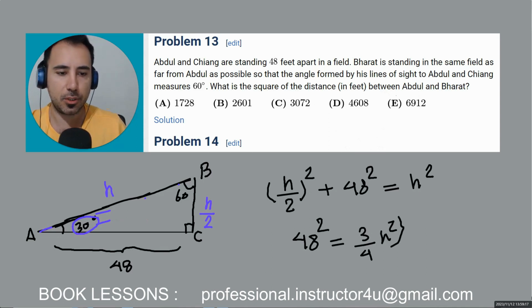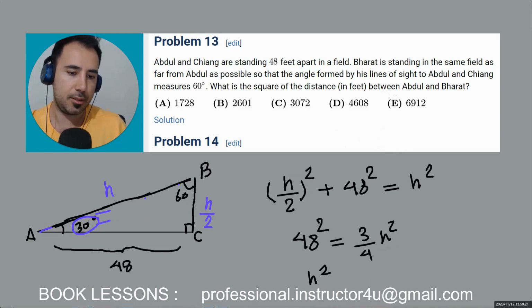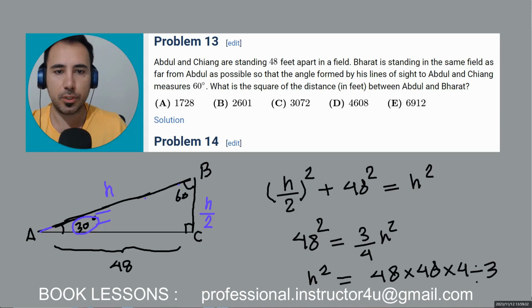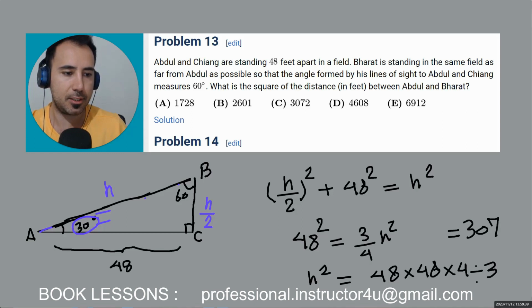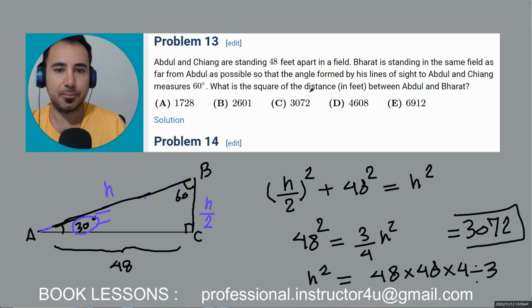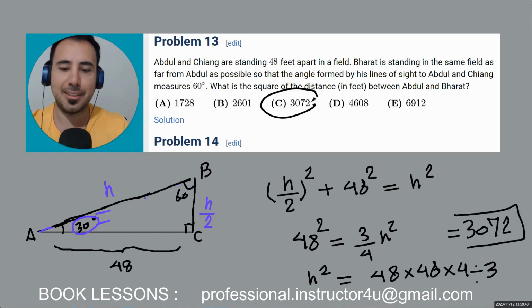The question was only H squared, so the answer will be equal to 48 times 48 times 4 divided by 3. Once you do that, the answer will be 3072. Not a difficult one, right?